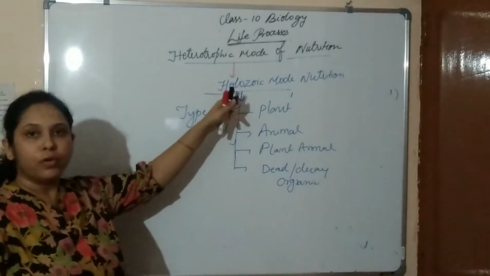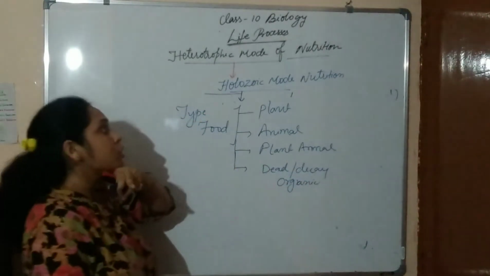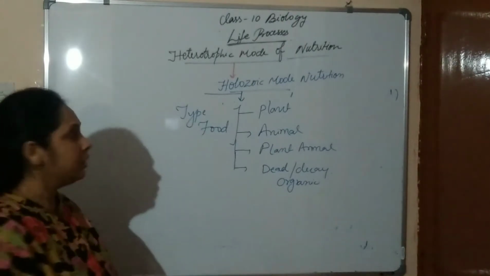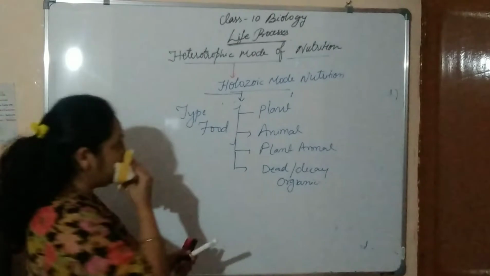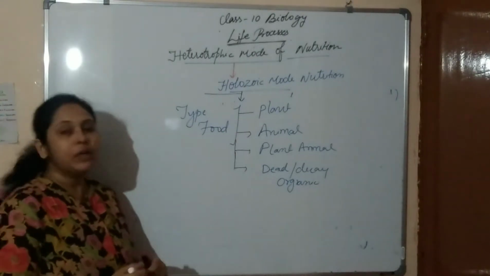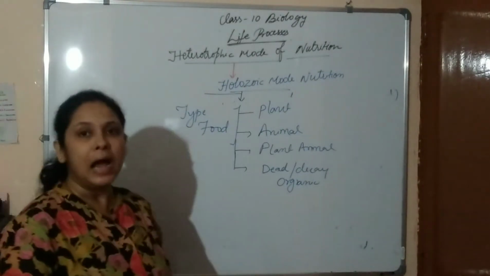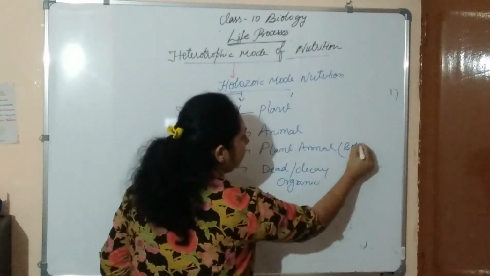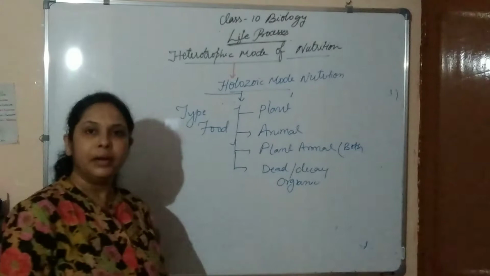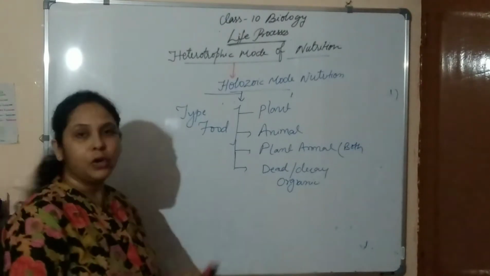So the food types are plants, animals, plants and animals both, and they can eat dead and decaying matter also.